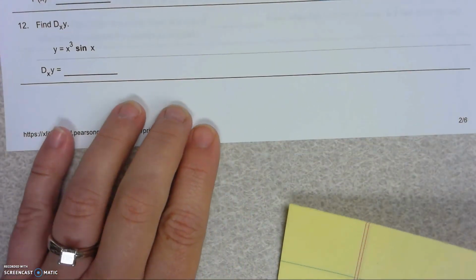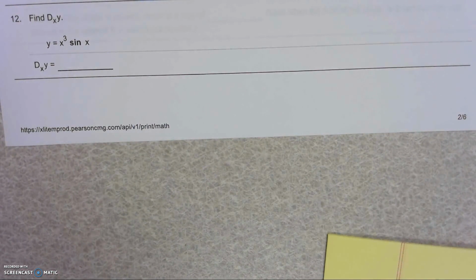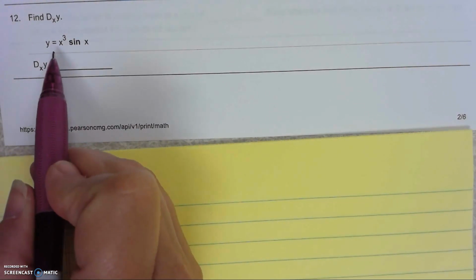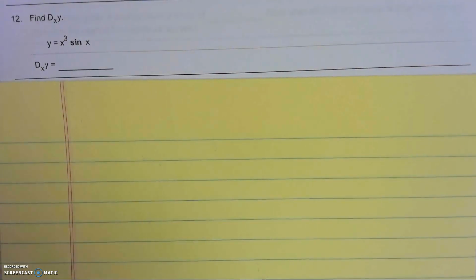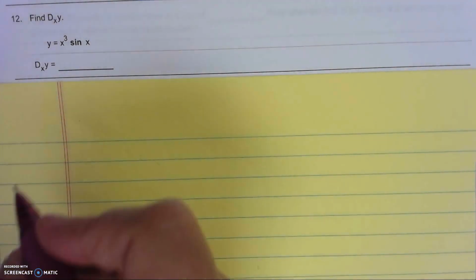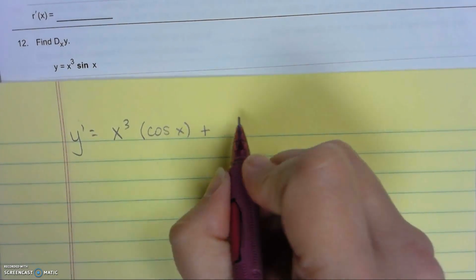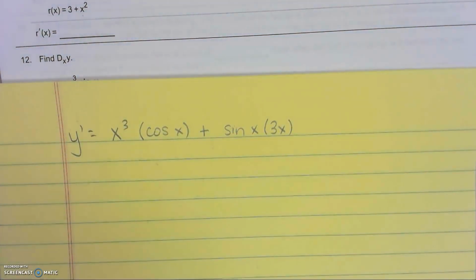Alright, this problem: y equals x cubed times sine x. All right, this is a product, x cubed times sine x. So if I want to find its derivative, I want to use the product rule here. I can't distribute anything out to where I can do a sum and difference or use the power rule. So I have to do the product rule. So we're going to say the first times the derivative of the second plus the second times the derivative of the first.